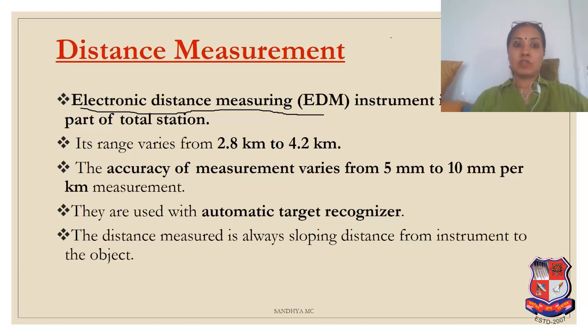The EDM part is for the measurement of horizontal distances, and the range varies from 2.8 kilometers to 4.2 kilometers. The accuracy is about 5 mm to 10 mm per kilometer, and they are used with automatic target recognizers, and the distance measured is always the sloping distance from the instrument to the object.